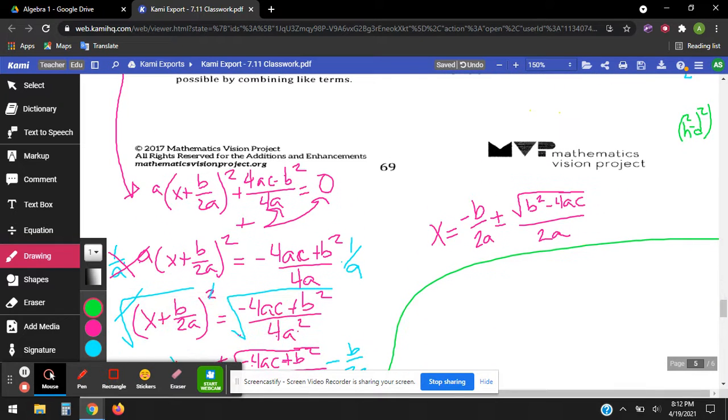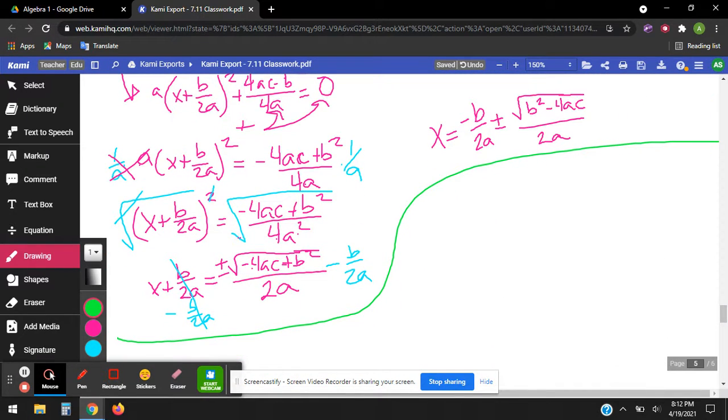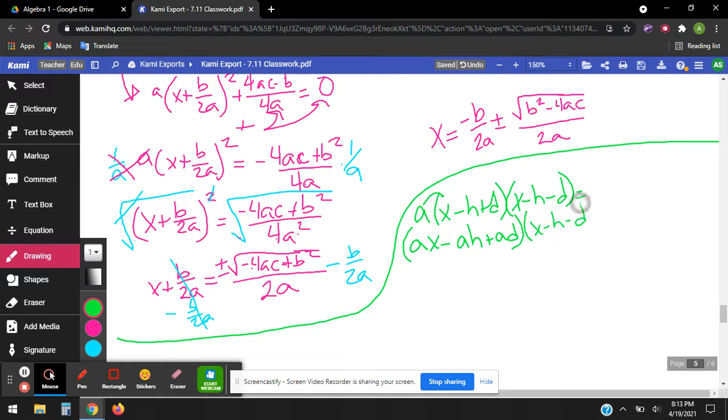Part b says multiply this out and then simplify our result. So I'm going to take that and put it down here: a(x minus h plus d)(x minus h minus d). First, I'm going to multiply this a into my first parentheses. So I end up with (ax minus ah plus ad) times (x minus h minus d).